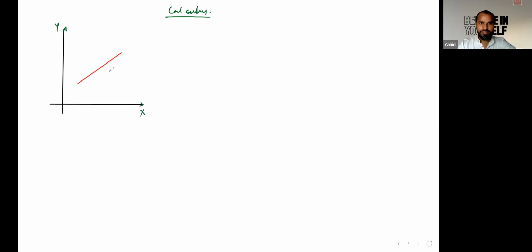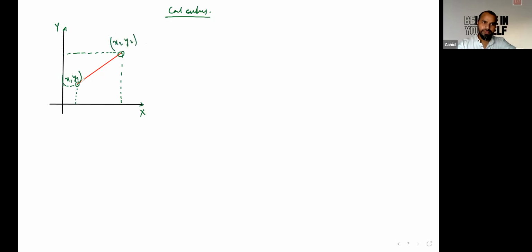If someone wishes to find the slope of this line, just put some coordinate at this point, and a coordinate at this point. Let's say it would be x1, y1, and x2, y2.